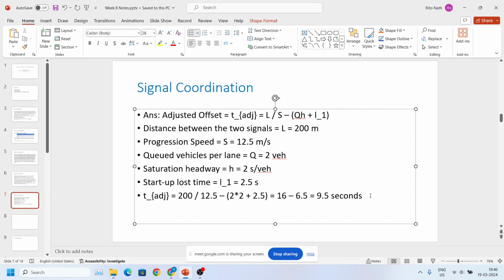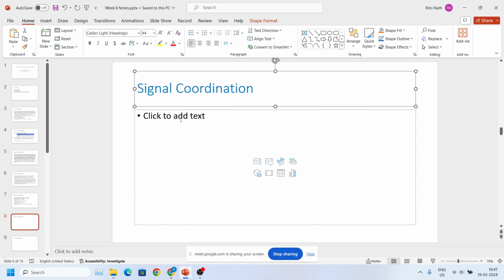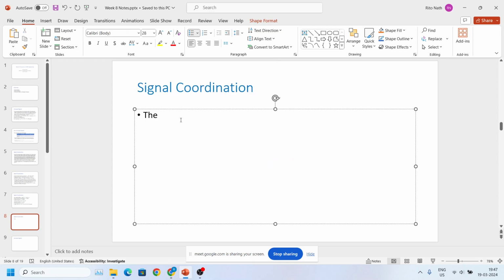Okay, so let's get into the next problem, and this is also related to the problem data that we have already. I'll write it down in the next slide. So the bandwidth capacity in vehicles per hour, in the primary direction.